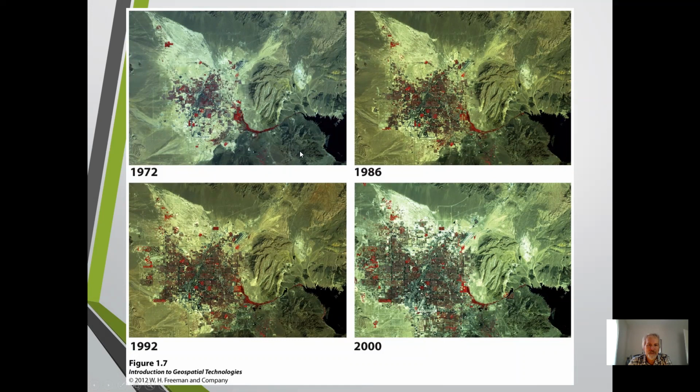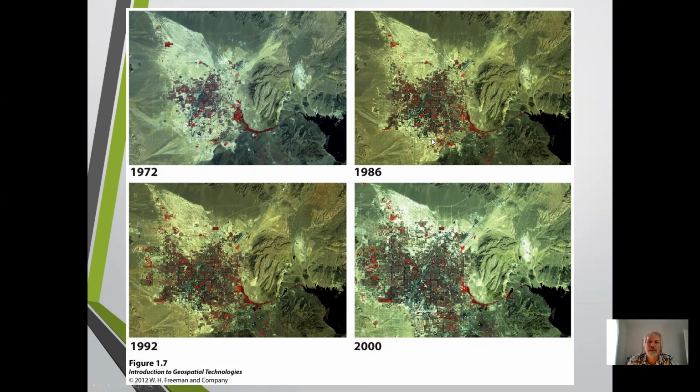It's very interesting to see the land use pattern. Of course, this is pretty much a desert out here. It's a pretty artificial city actually, but you can notice in '72 the size of it, and how it's spread, the pattern, and which direction it's spread.